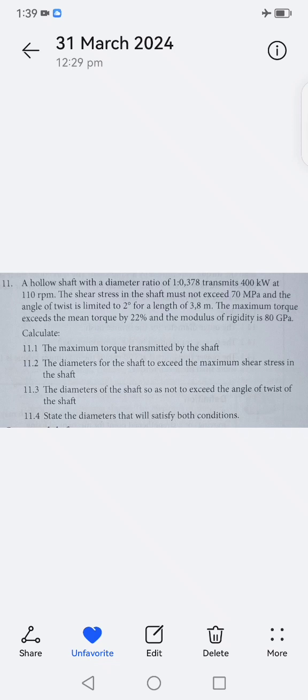We have a hollow shaft with diameter ratio 1 into 0.378.